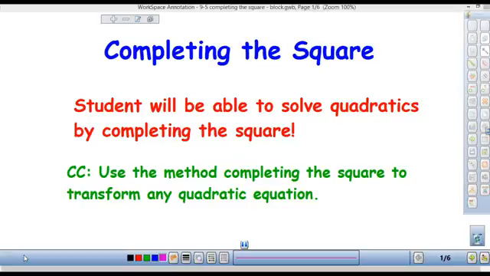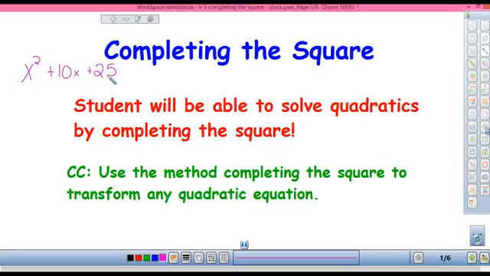So who remembers, if I have x squared plus 10x plus 25, if I'm going to factor this, my factors are going to be what and what? x and 5 and 5, right? And they're both pluses, right? So it would be x plus 5 squared.